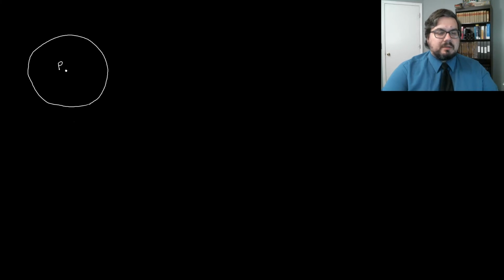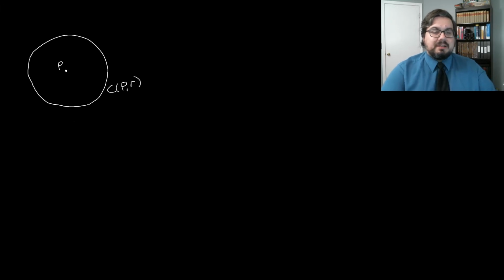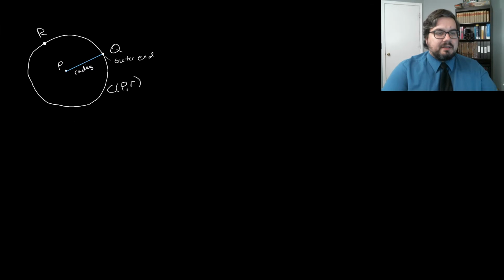So we've got a point P here. The circle with center P and radius R is going to be all the points on the edge of the circle. If we take a point Q over here, this segment is a radius of the circle. Q is the outer end of that radius. If I've got another point R over here, then this segment is a chord.